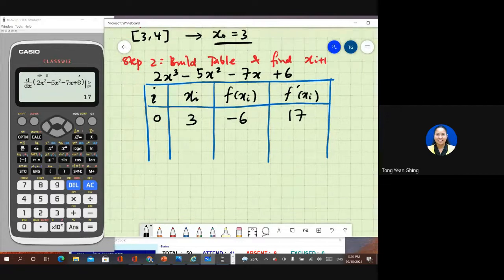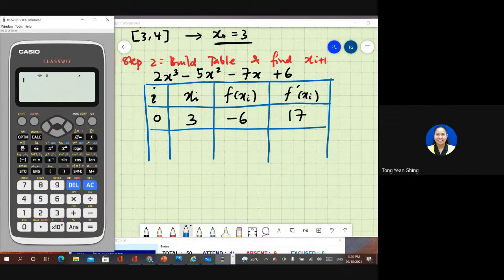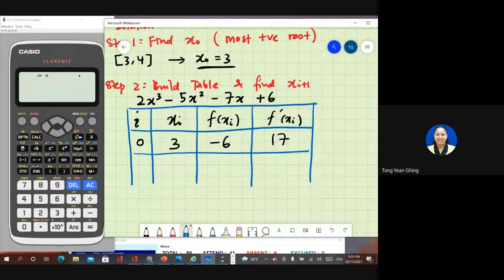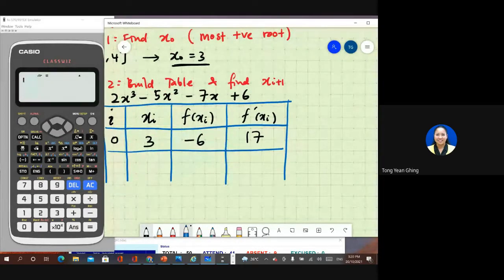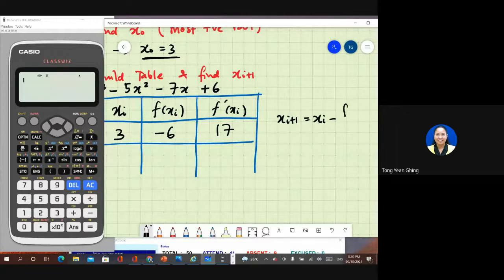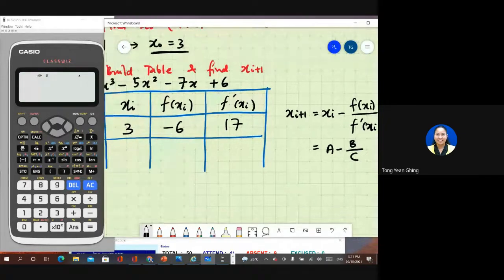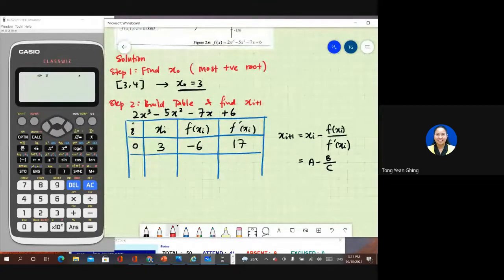Right. And then next we find the value of x prime, which equals x minus f over f prime. So we will use a minus b over c, where this is a, this is b, this is c.